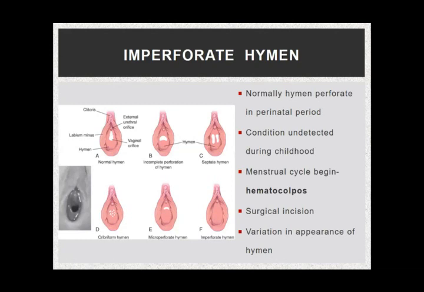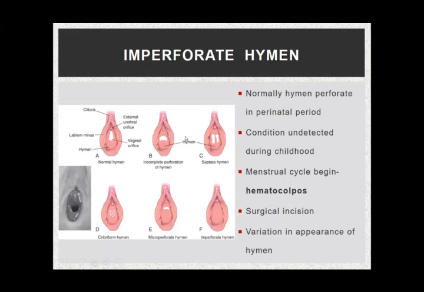Normally, hymen perforate कर जाता है after birth, but at times it fails to perforate. ये condition can only be detected when puberty starts and there is no menstruation. Menstruation तो हो रही होती है, but there is no flow because the hymen is not perforated. This is just to show you the different shapes of these.